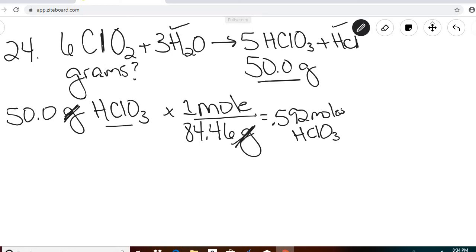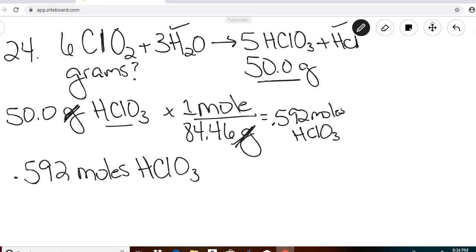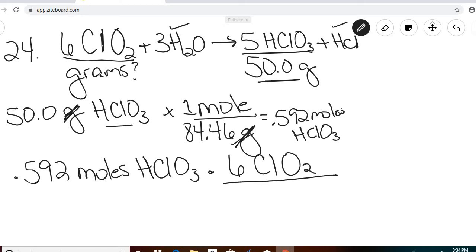So 0.592 moles of HClO3, and there are 6 of these for each 5 of those: 6 ClO2s for each 5 HClO3s.